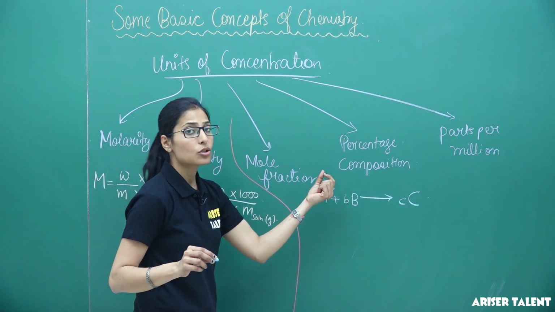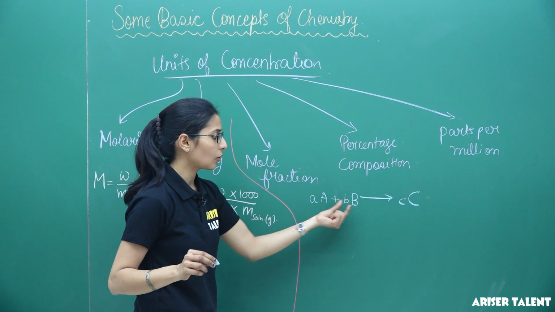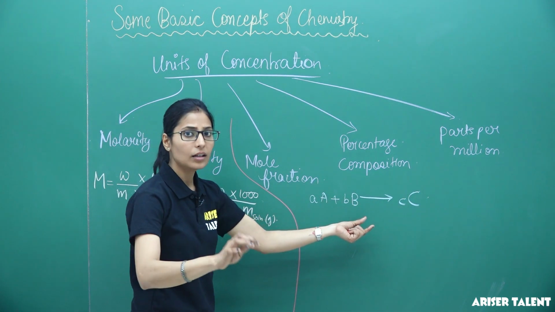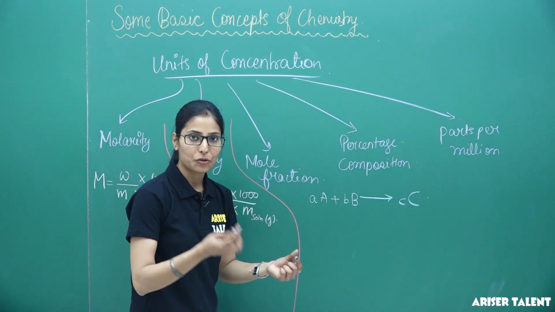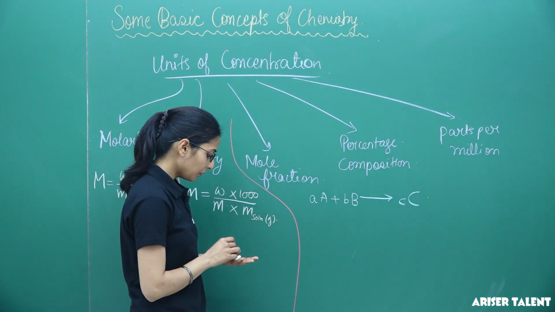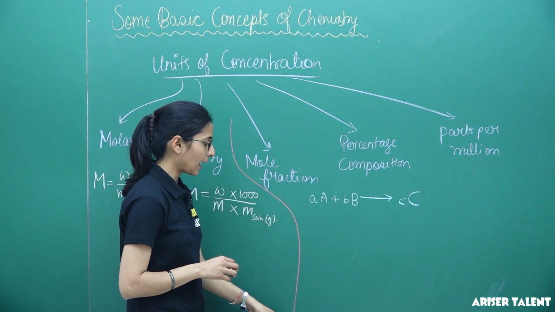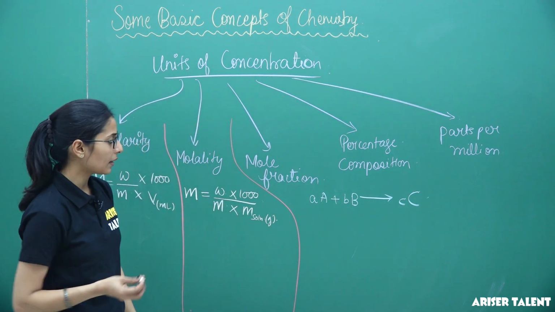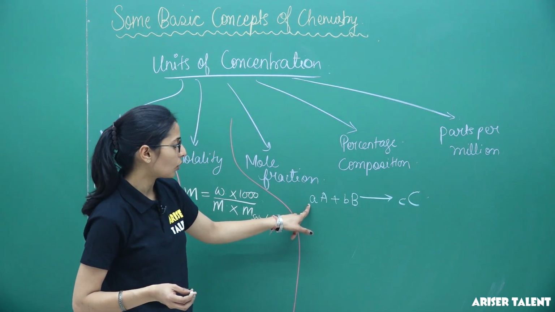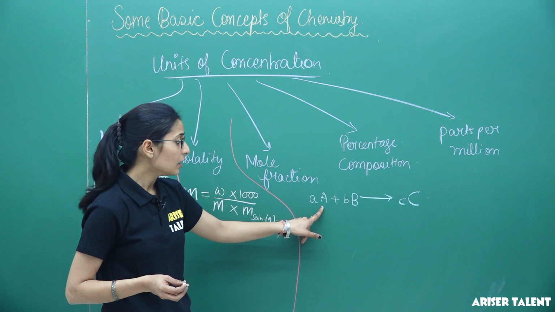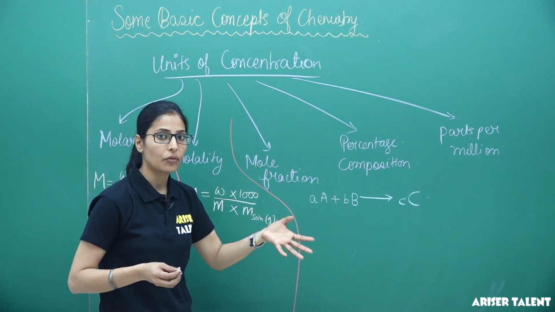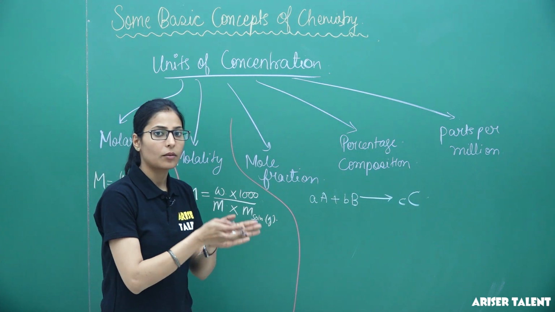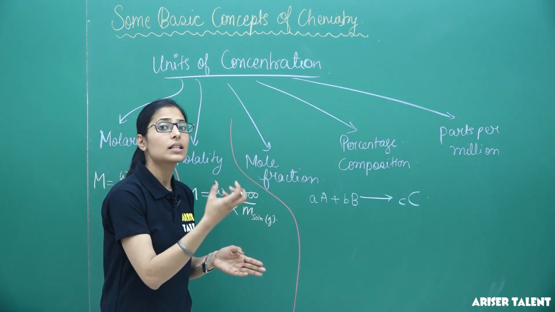These are the stoichiometric coefficients in a balanced chemical equation, and A, B and C are the actual species. Okay. So, if this is the equation and let us say we have been asked to find out the mole fraction of A. Okay. So, mole fraction is not for the solution. Mole fraction is expressed or given for a particular species.